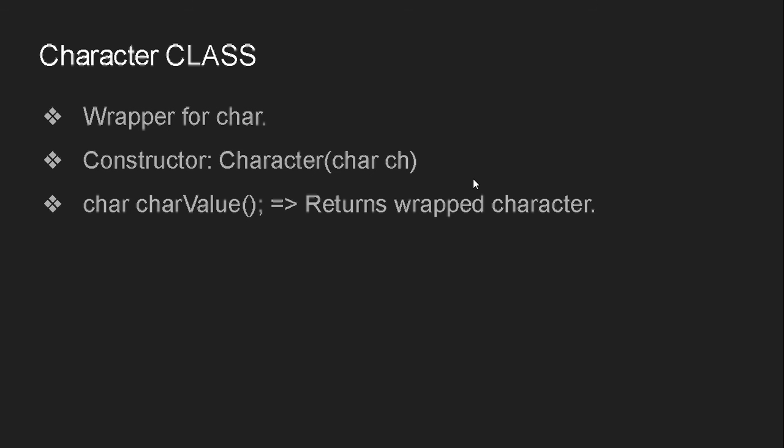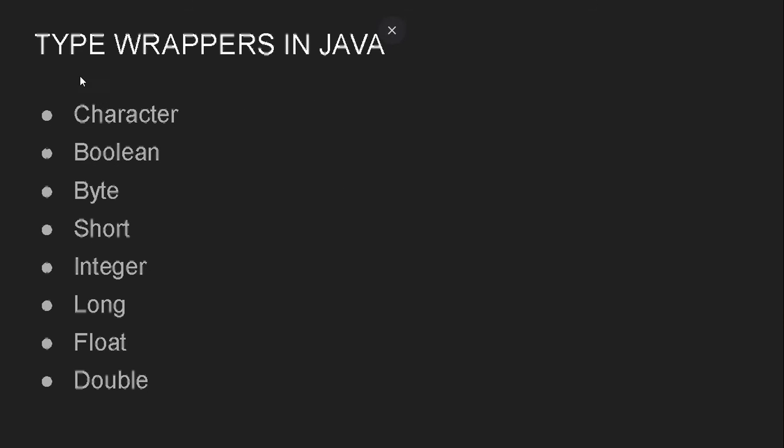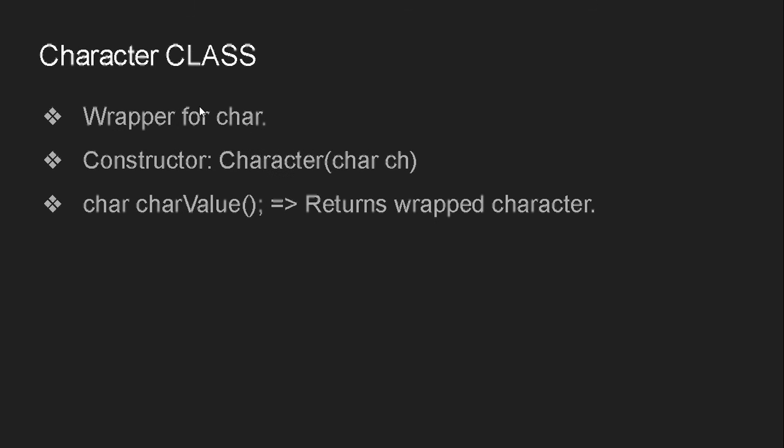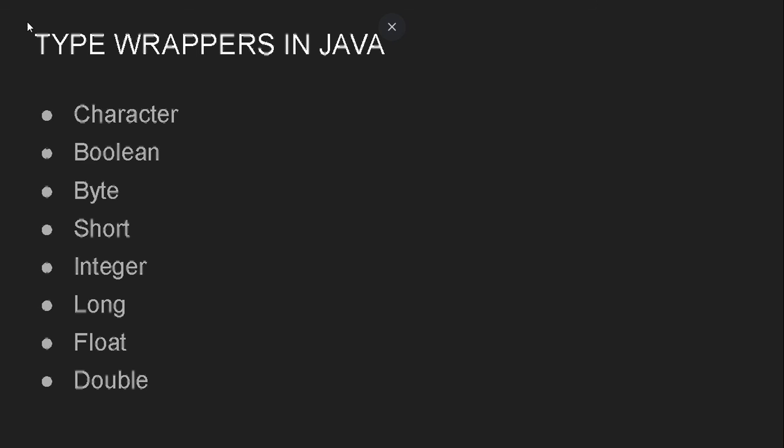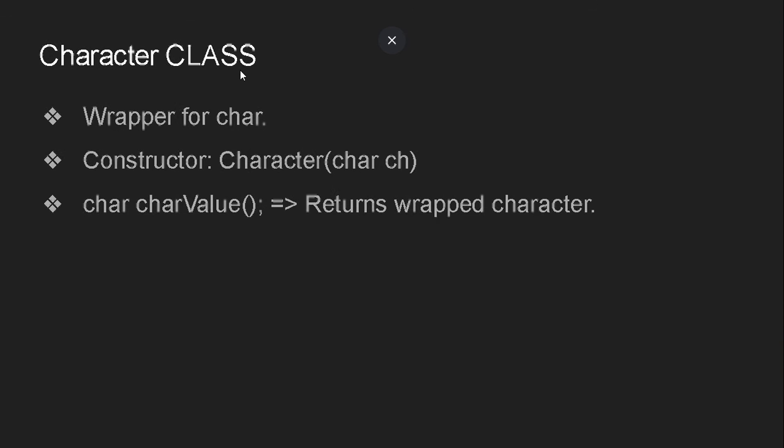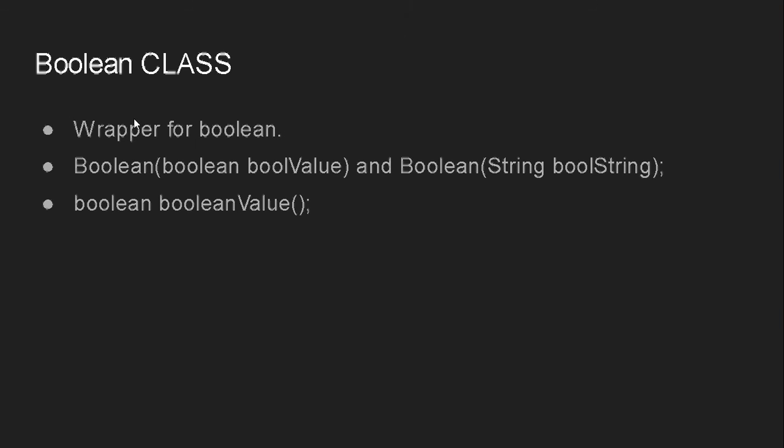So that is the reason why we use these type wrappers. Now that we have understood why exactly we need type wrappers, the other name of type wrappers can be primitive data type wrappers, because all these classes are wrapping the primitive data types. Then after that we have the Boolean class.